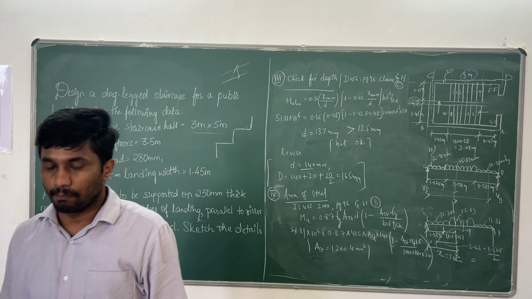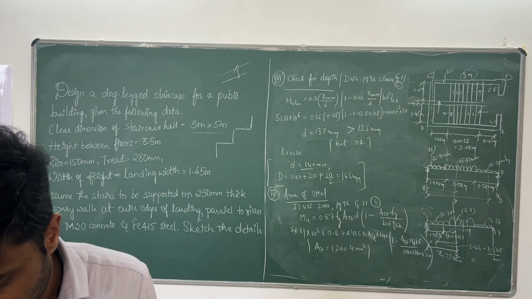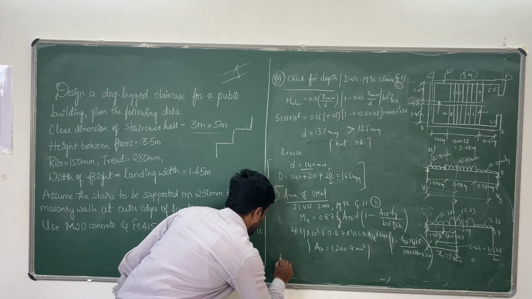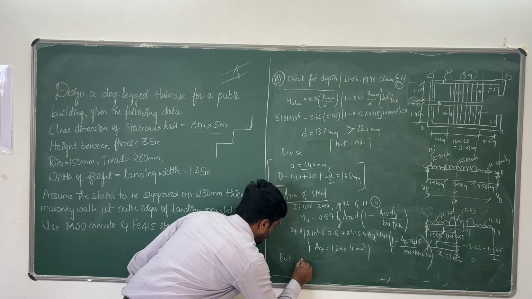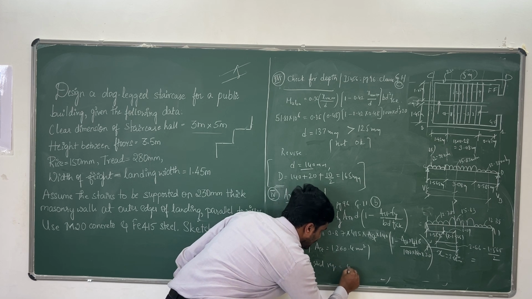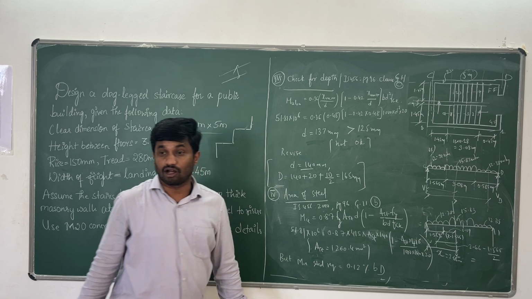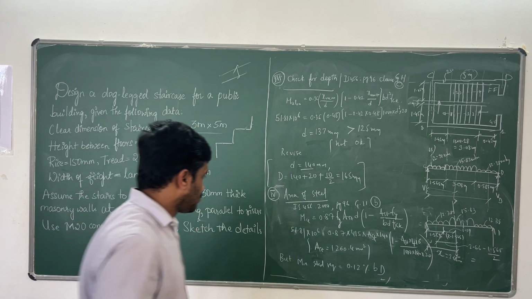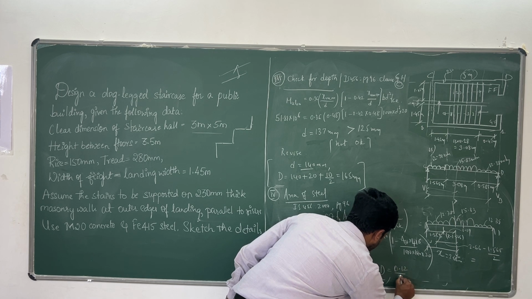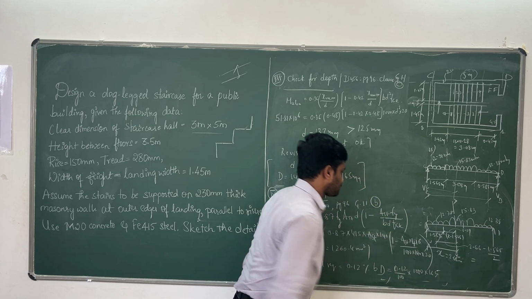Once you compute Ast, generally what is the minimum steel we use? 0.12% of b d, but the minimum steel required as per code is 0.12% of b into overall depth, not effective depth. So 0.12 by 100 into 1000, depth is 165.